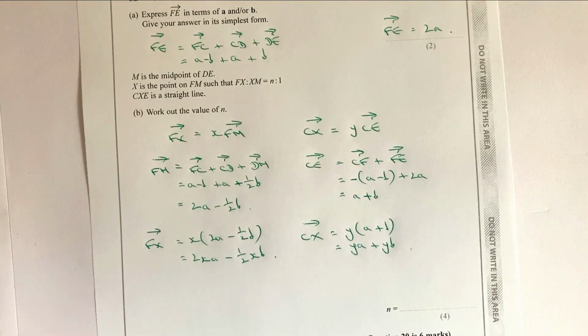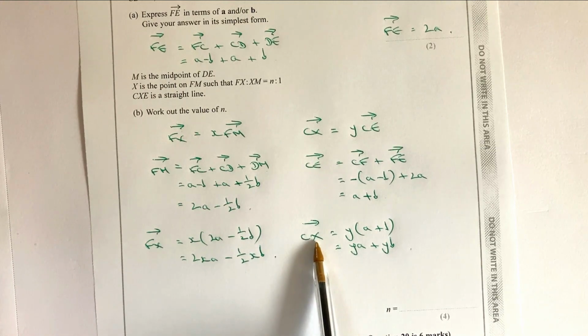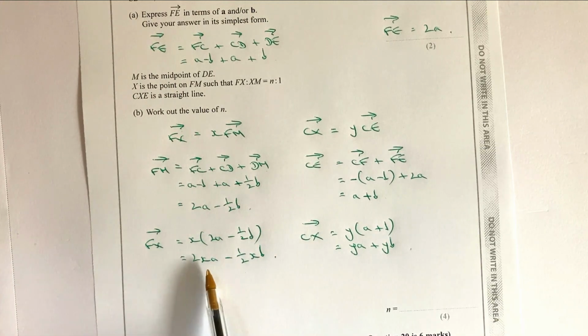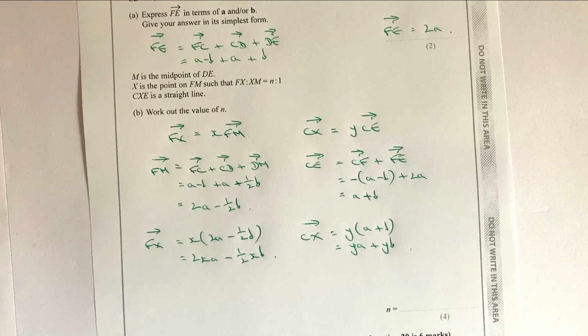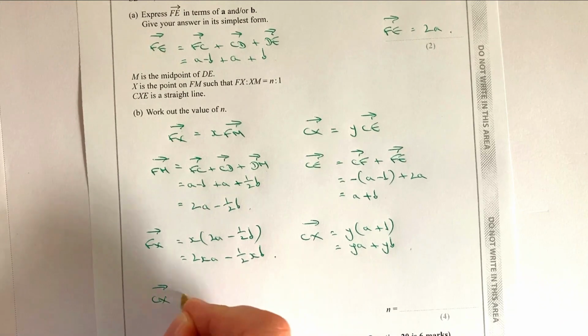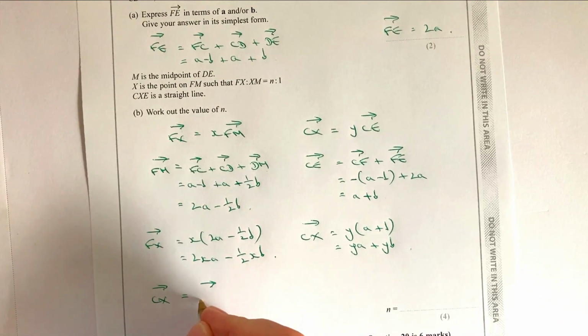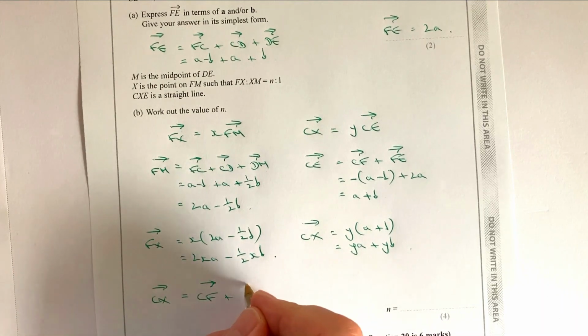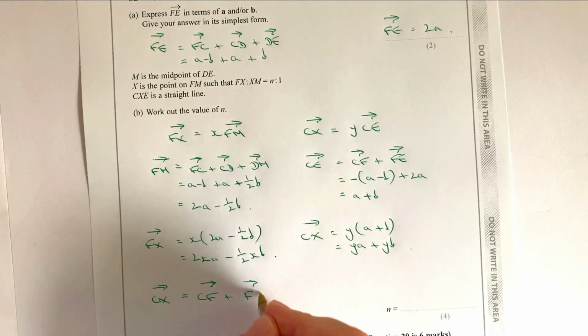All right, so I'm now in a position where I've got this vector CX, and I've also got this vector FX. Hopefully this is okay for you. The last thing I need to look at is CX. Now, what I've got is that CX also is equal to vector CF plus vector FX.